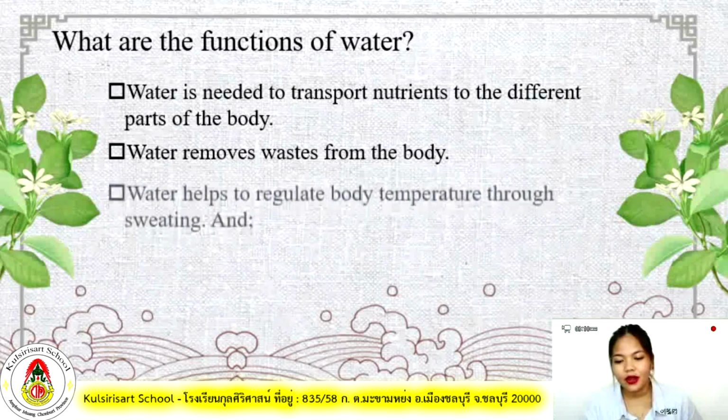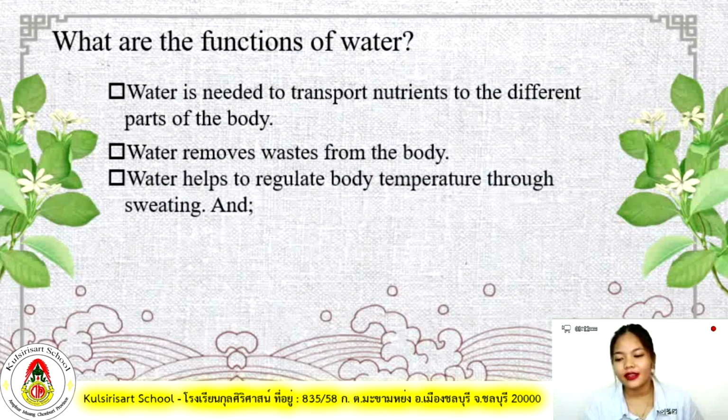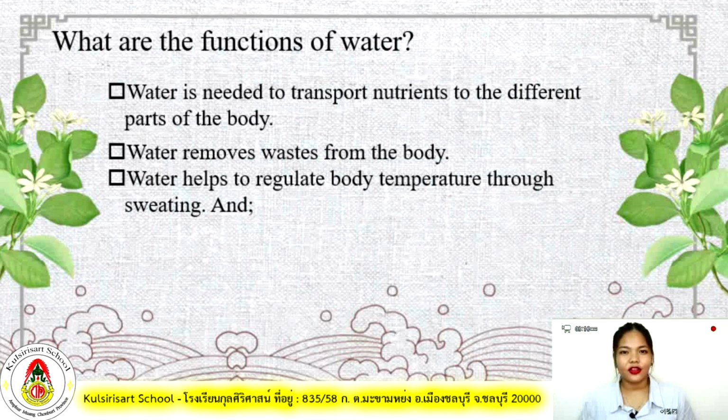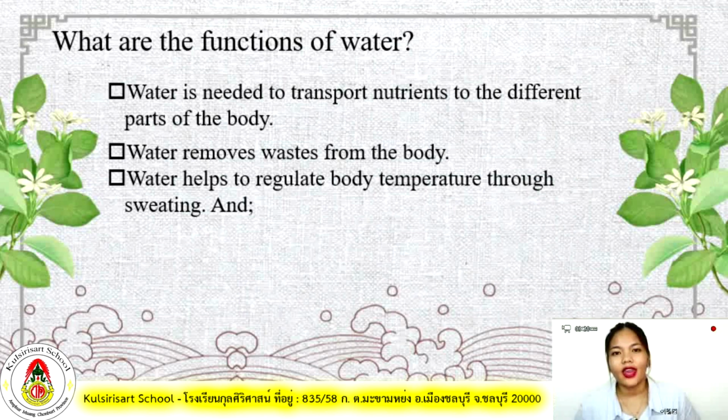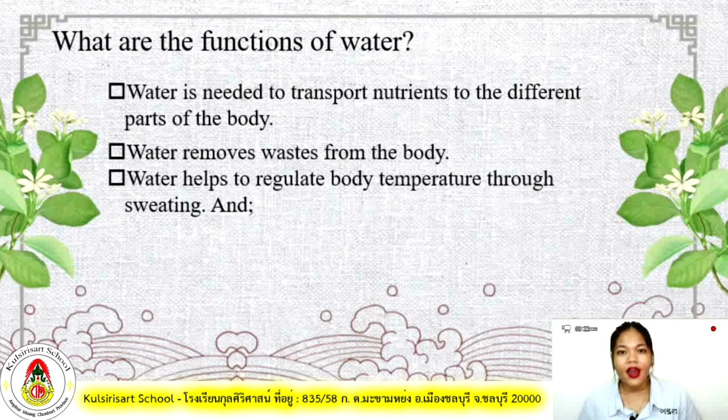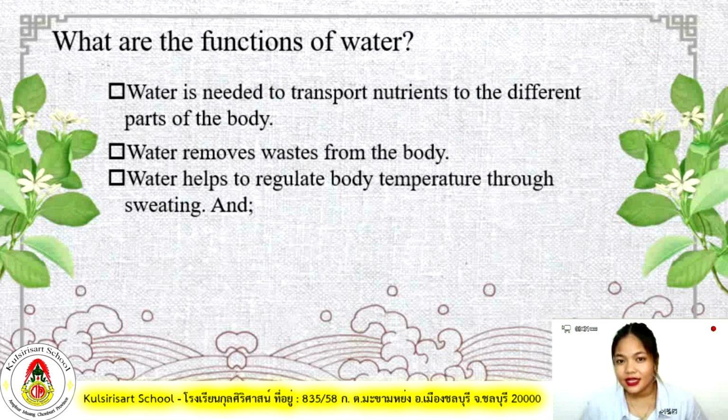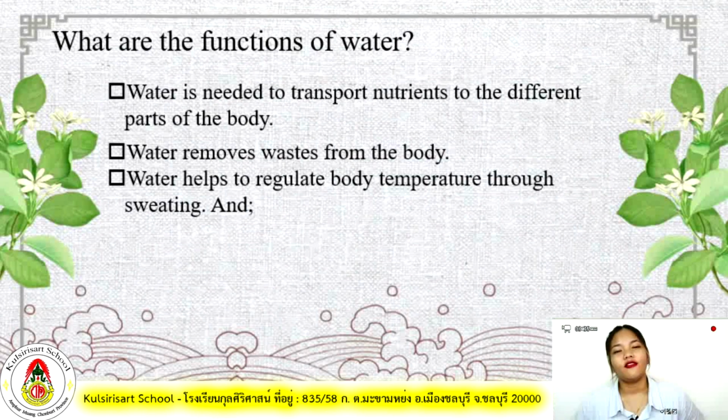The next one, water helps to regulate body temperature through sweating. How? Let's say, for example, I went jogging. After some time, I sweat. That sweat is actually one way of removing waste inside your body as well, and at the same time, it helps me cool down. If I don't sweat, I will just feel very hot.